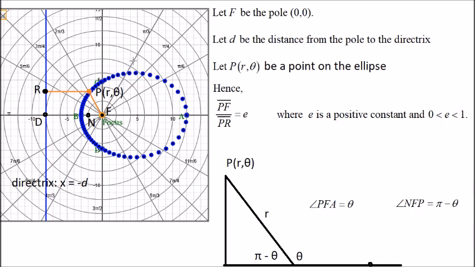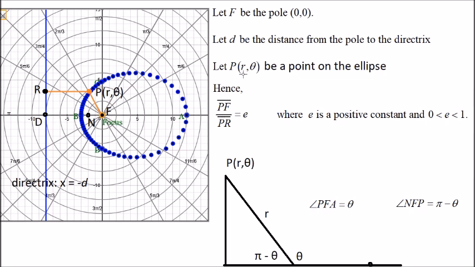And now let's find the polar equation for this ellipse. So let F be the point at the pole. Let d be the distance from the pole to this vertical directrix. The equation for this vertical directrix will be x equal to negative d, since the distance from here to here is d.